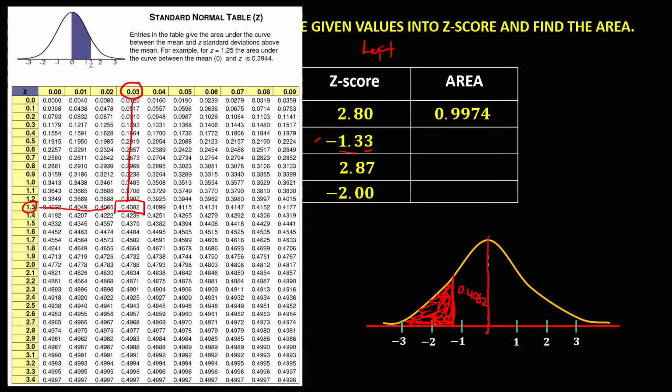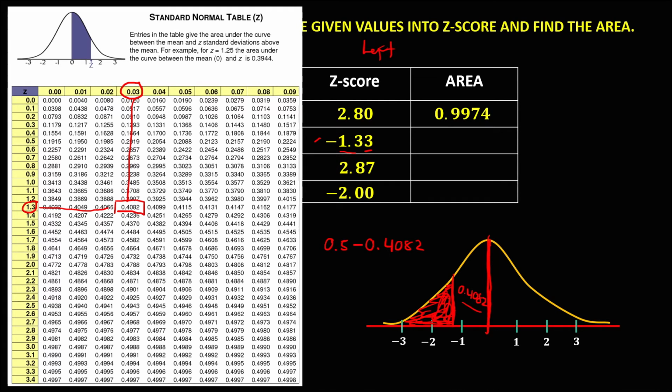So in this case, since it is away from the mean, to find the area, just subtract 0.5 minus the given area, that's 0.4082. So again, if the area is away from the mean, then you need to subtract.